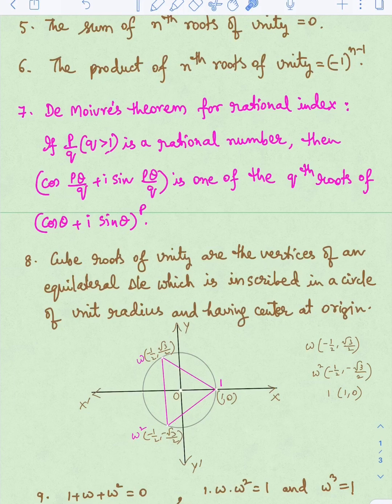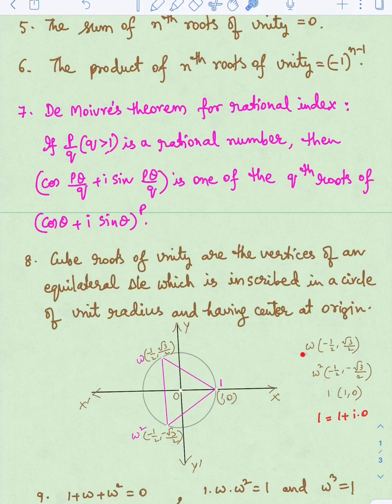Dear students, don't forget, 1 can be written as (1, 0). If treated as a complex number, 1 can be written as 1 plus i into 0. When you write it in point form, it will become (1, 0).